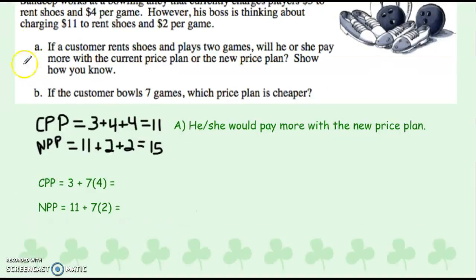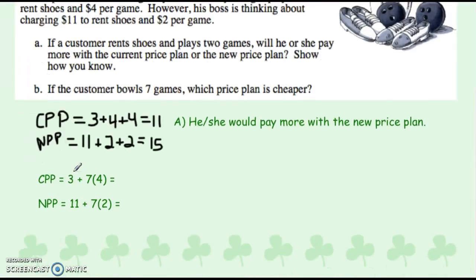For your 2 equations, hopefully you did something like I did. For the current price plan, I'm going to pay $3 for shoes, and then I'm going to play 7 games at $4 each. So I pay $3 for shoes, and then total for my games I'm going to pay $28, and that will bring me to a total of $31.